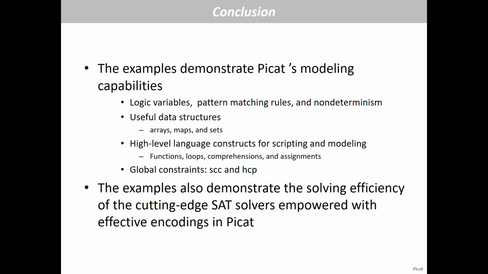First, with these global constraints, Picat is a very convenient modeling language for graph synthesis problems. And the second message is that with effective encodings for this global reachability constraints, Picat is an efficient solving language for graph synthesis problems.